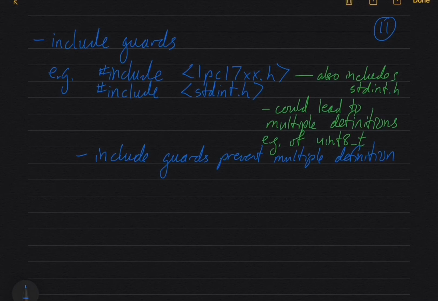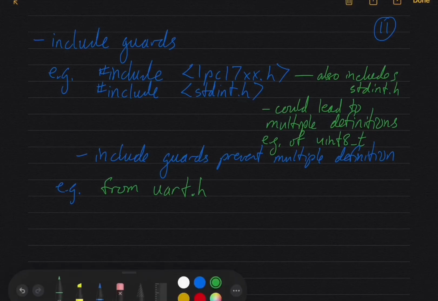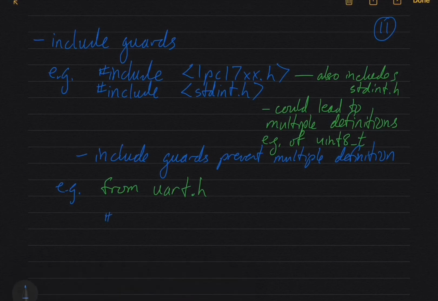And so this example is from another file that you include in your projects in the lab, uart.h. And so if you look in there, near the top of the file, you'll see #ifndef __UART_H__. So if it's not defined, then it's going to define it.